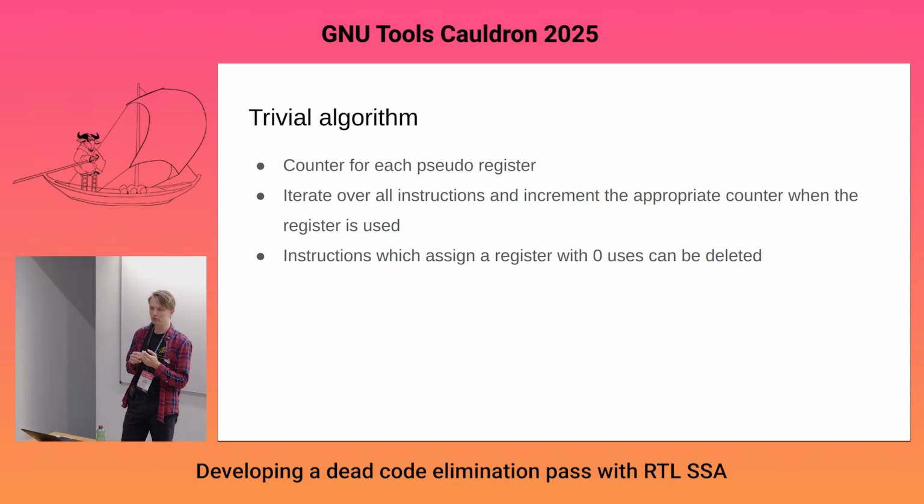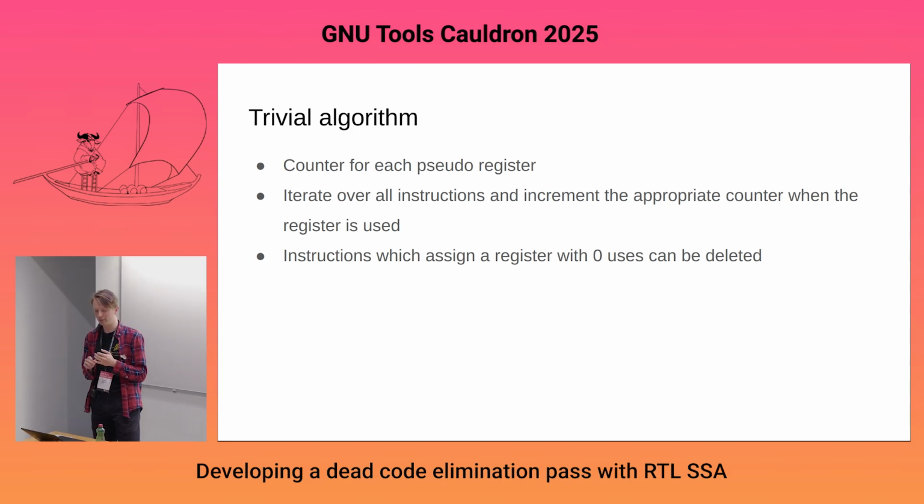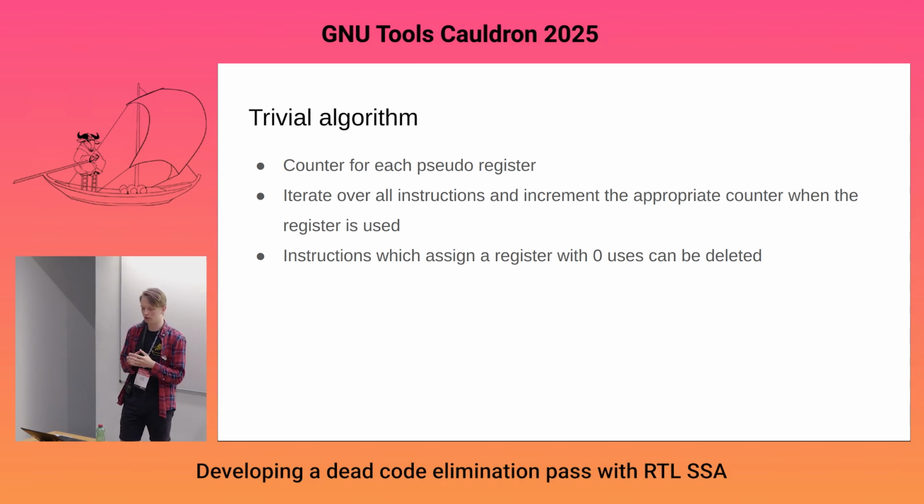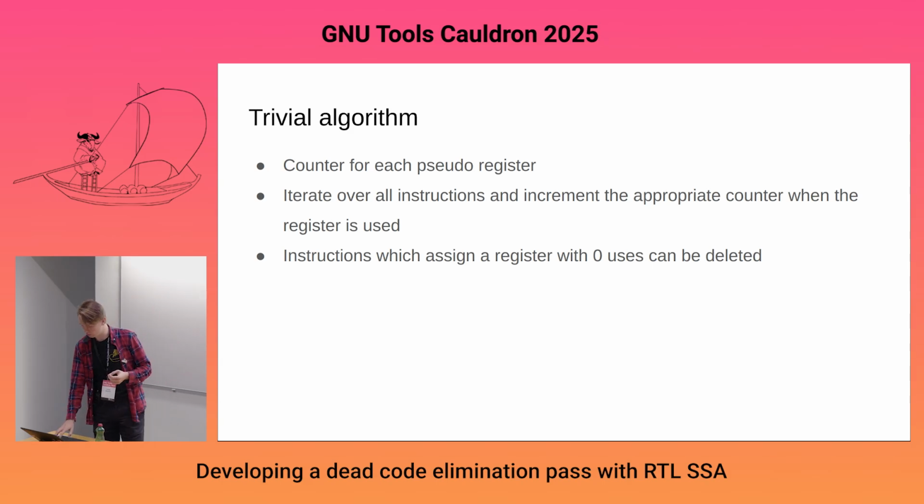And you may notice that there might be some instructions that assign a register, and that register has 0 uses. That is an instruction that can be deleted. However, this algorithm is not strong enough to delete some dead code, and harder algorithms have to be used.